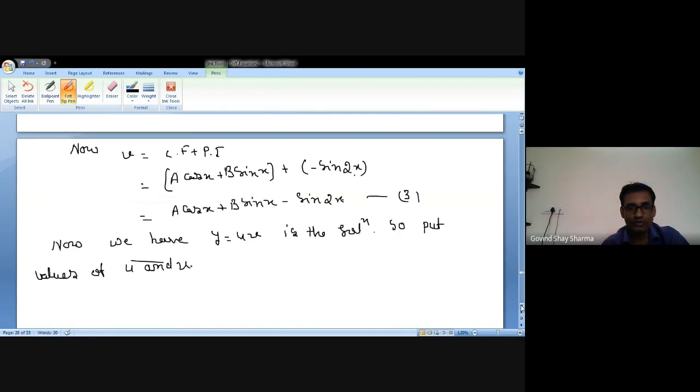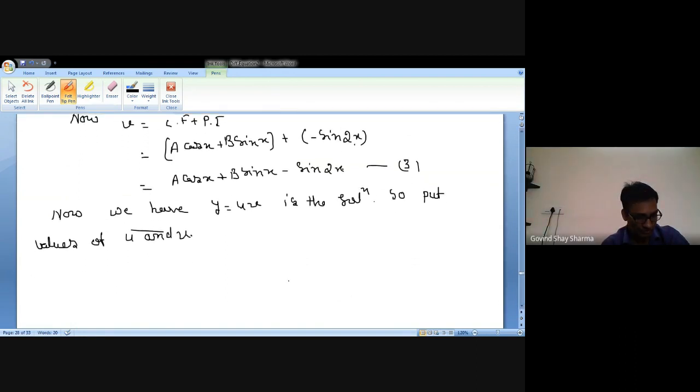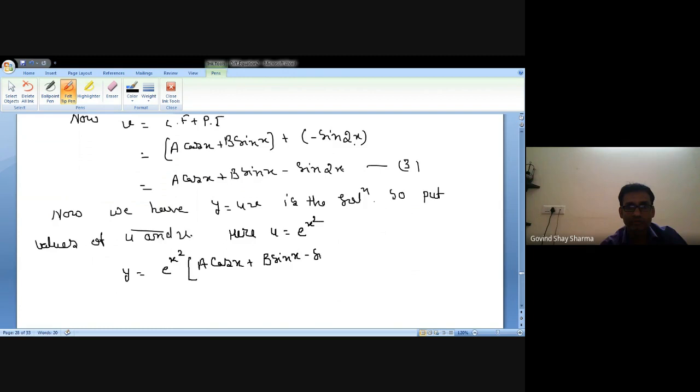The value of u we found is e to the power x square. So y is equal to e to the power x square (a cos x plus b sin x minus sin 2x). This is the complete solution.